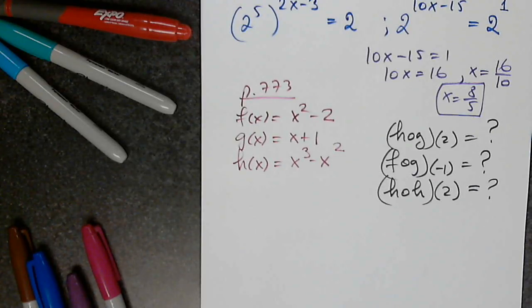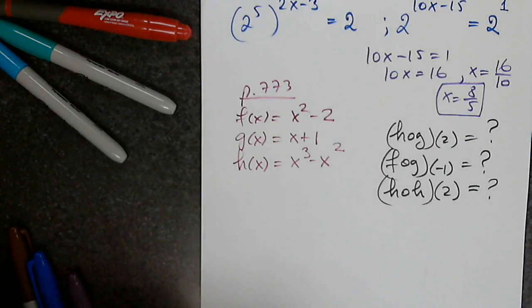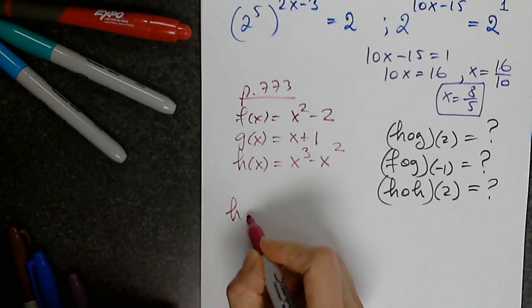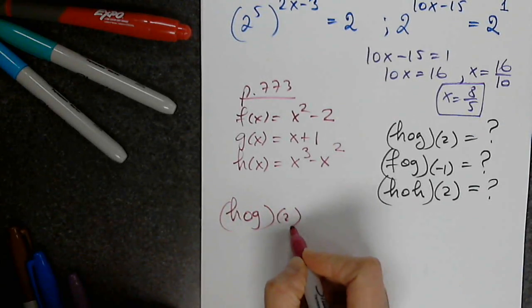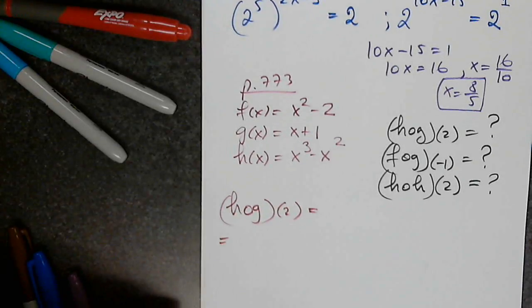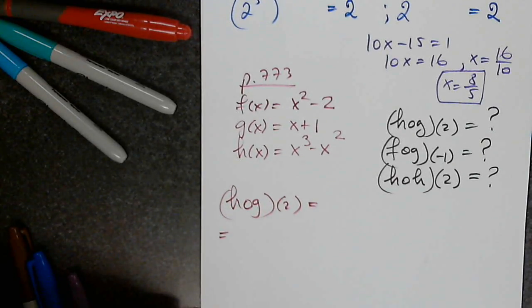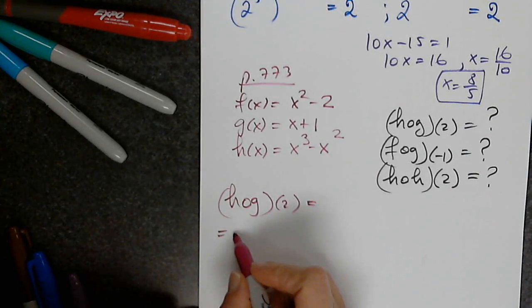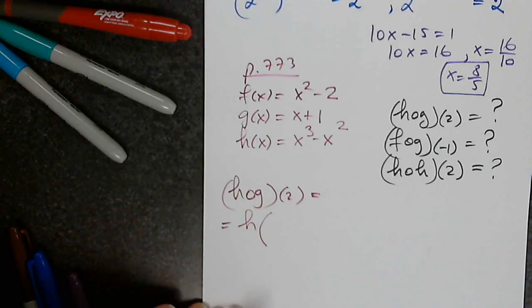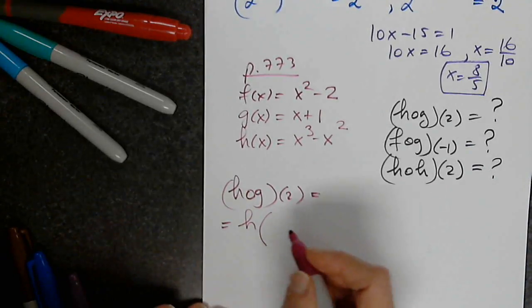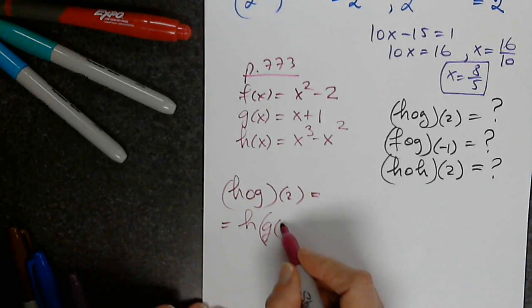Let's start the first one together, and then you'll do the other two on your own. So when I'm asked to find h comp g of 2, what am I really asked to find? h of g of 2.